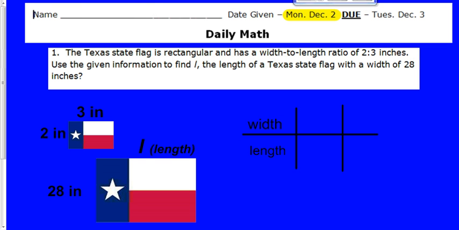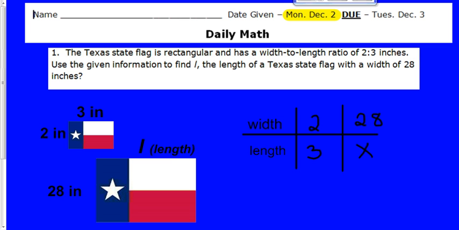On our original flag, I know the width is 2 and the length is 3. But on the bigger one, our width is 28, and I'm looking for our length, or our X value.